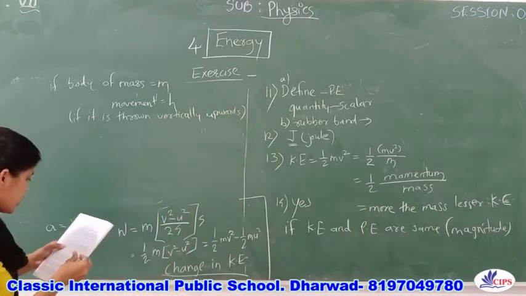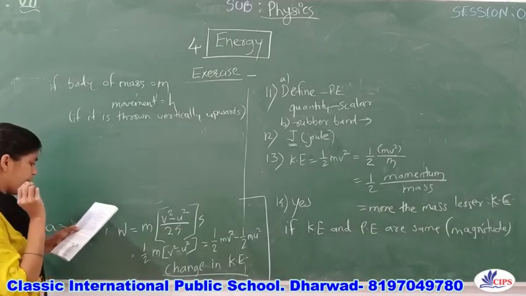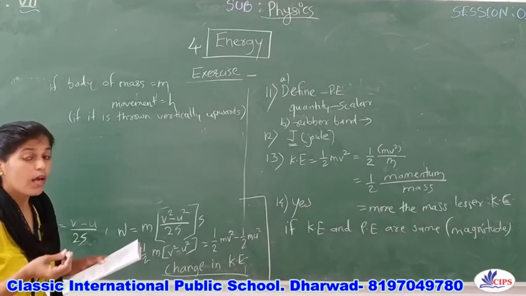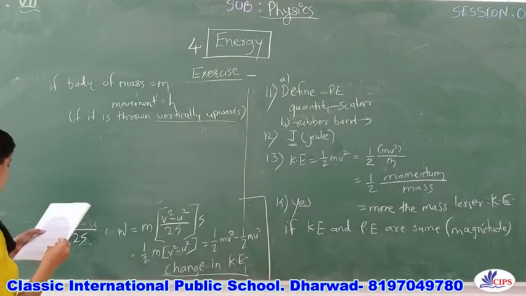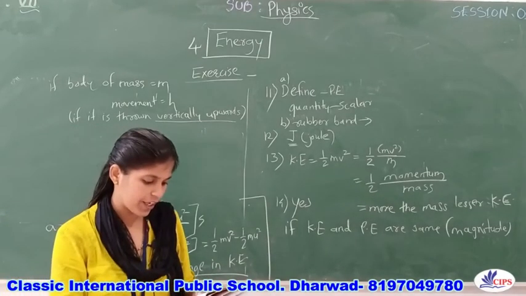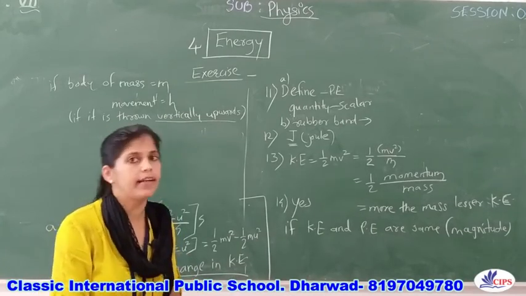So in this case, what will happen? To do work, any kind of work, we are actually acting against the gravitational pull. If we throw any object vertically upward, the work done will be against the gravitational force of attraction, which will be equal to the change in the potential energy.